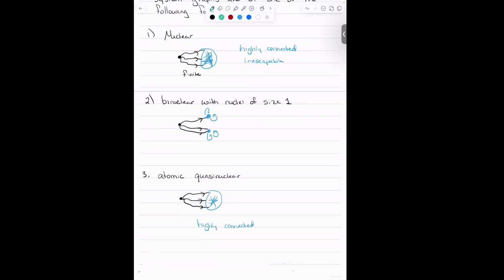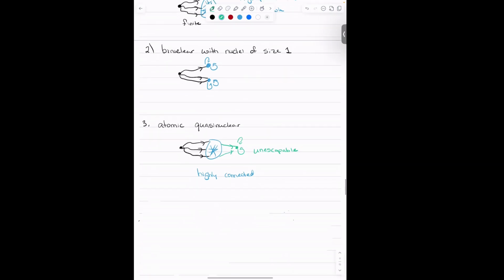But it is escapable, but only in one particular way, meaning I have one extra vertex that I can sometimes escape to. But once I'm at this one vertex, I'm stuck here. So this vertex here is the unescapable bit. All right. And yeah, we get these 3 types of graphs.